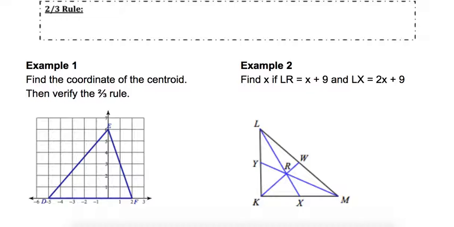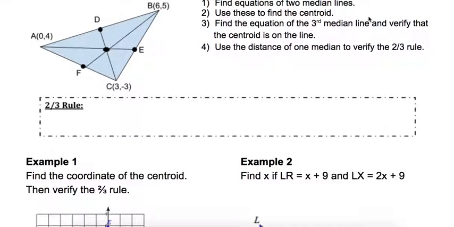And so I'm going to get that picture back just so I can use it. If we have this point in the middle here, let's call it Z, and if Z is the centroid, then our 2/3 rule says that the distance from C, the vertex, to the centroid is 2/3 of the entire distance.